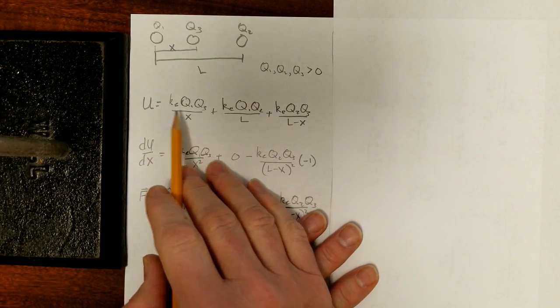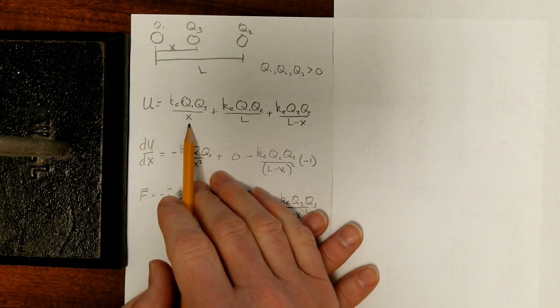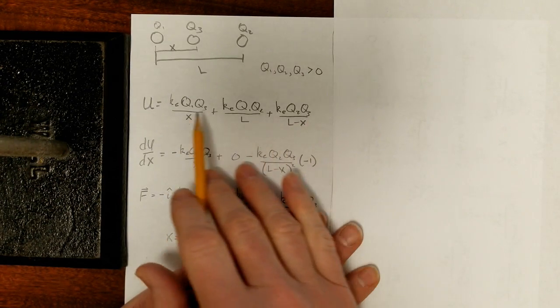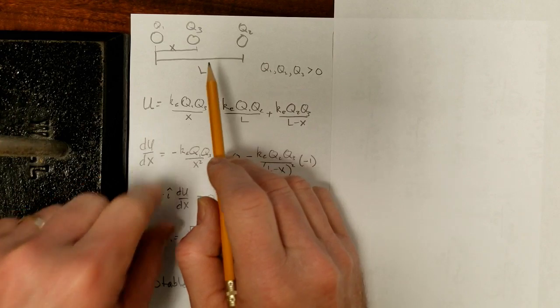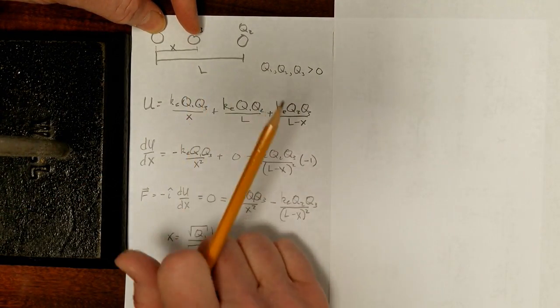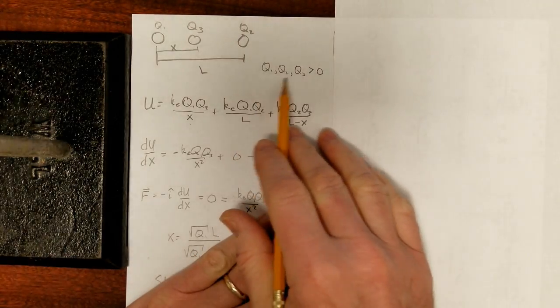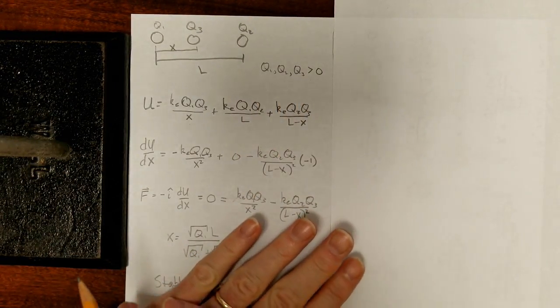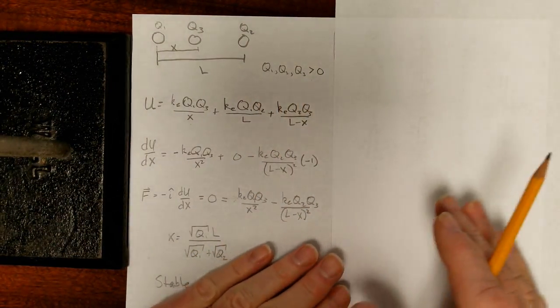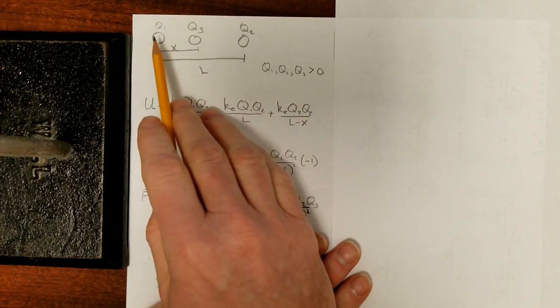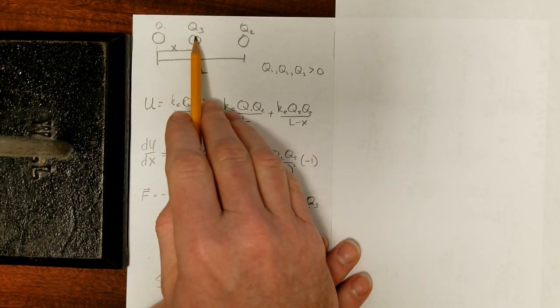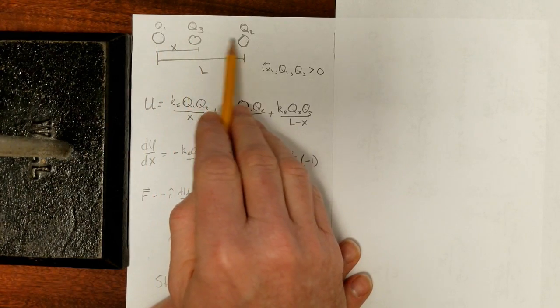It is a positive number, times the charges over x. Again, same thing: we do the potential energy of these two, plus the potential energy of those two, plus the potential energy of those two. I am imagining all of them are positive. You can equally imagine them all negative, just that they're all the same sign. Because they are like signs, they are being repelled. So Q3 is being repelled by Q1 and repelled by Q2.